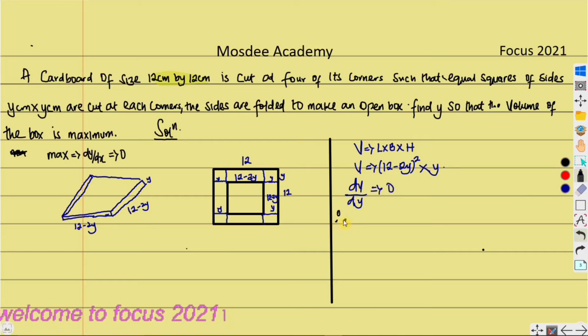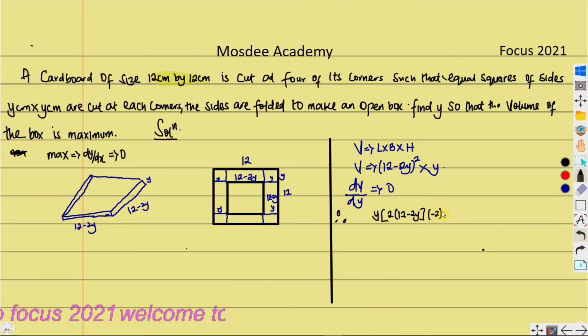Remember the product rule. I'll take u and v. A small logic from our basic class: we keep the first one the way it is, so we say y. Differentiating the second, using the chain rule, this is 2 open bracket 12 minus 2y multiplied by negative 2.